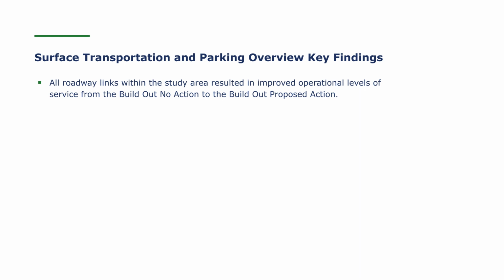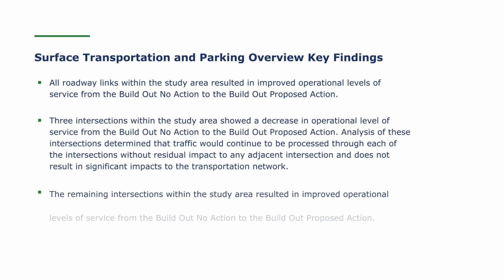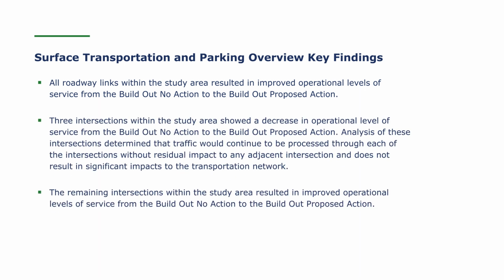The analysis found that operational levels of service improved for all roadway links from the no action alternative to the proposed action alternative, and only 3 intersections would experience a decreased operational level of service. However, traffic would flow through these 3 intersections without residual impacts to adjacent intersections and would not result in significant impacts to the surface transportation network.